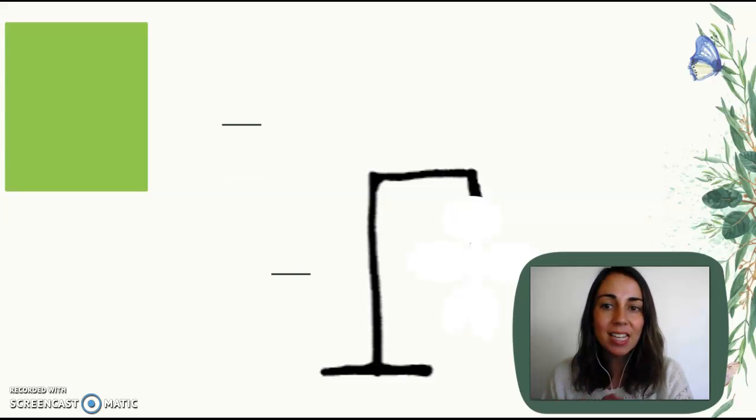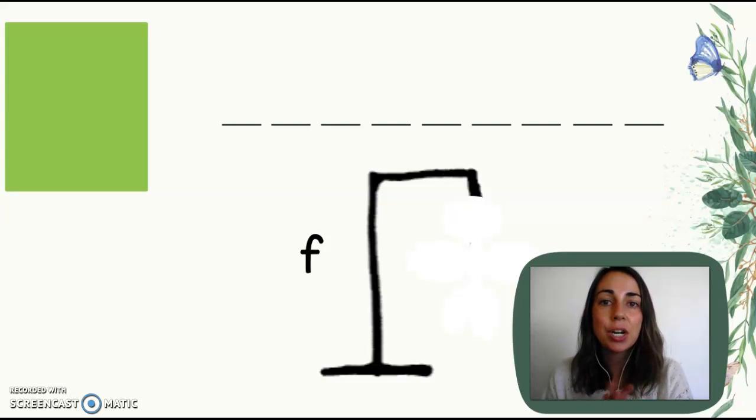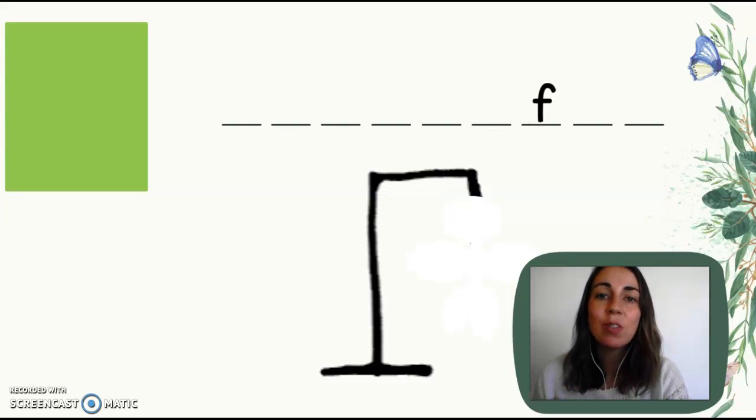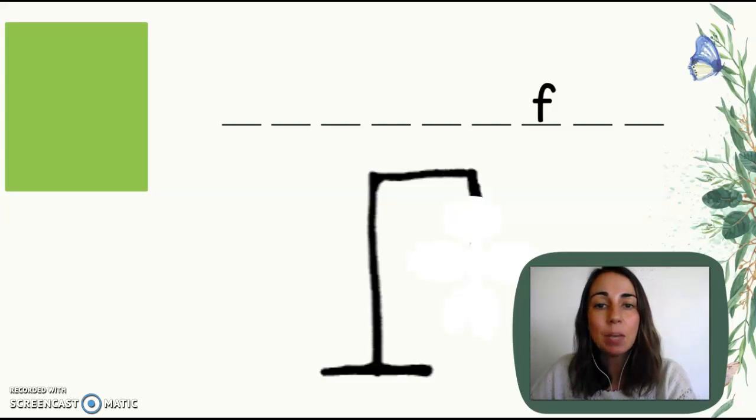So this insect has 1, 2, 3, 4, 5, 6, 7, 8, 9 letters. Okay, so let's see our first letter. Does this insect have letter F? Let's see. Yes, very good. So this insect has letter F in its name.